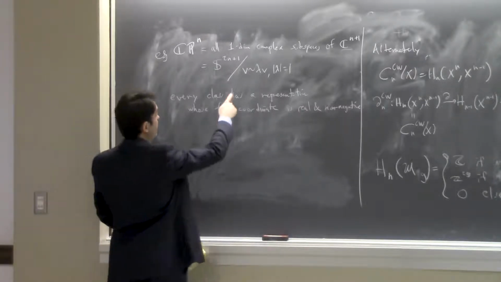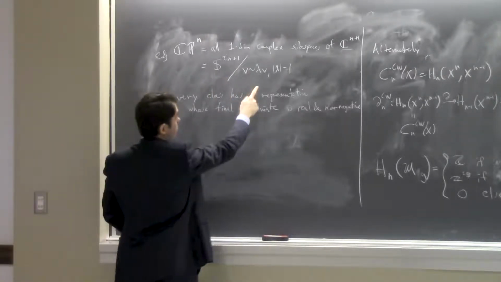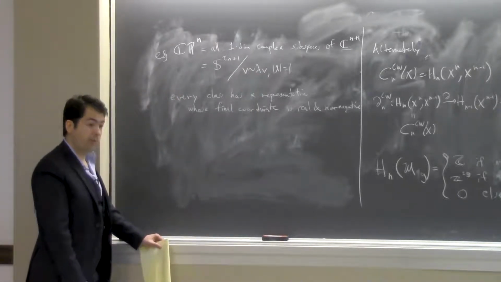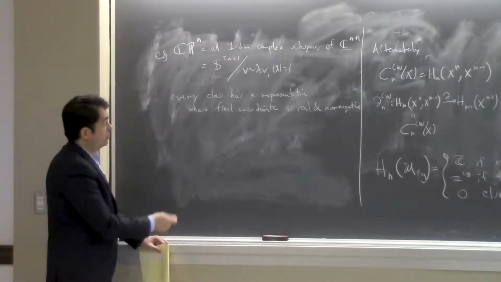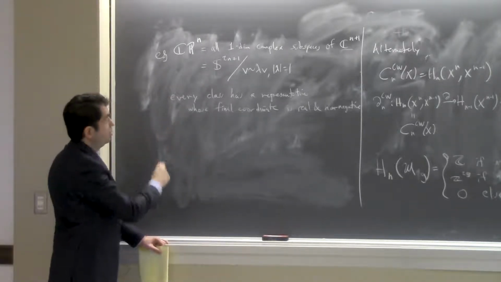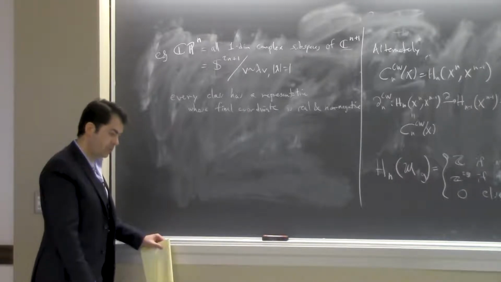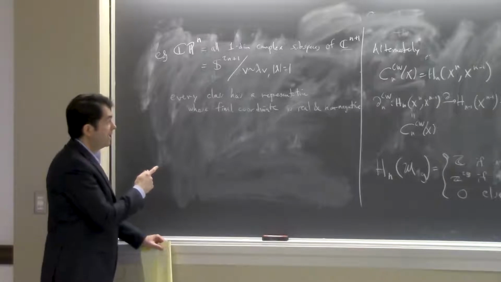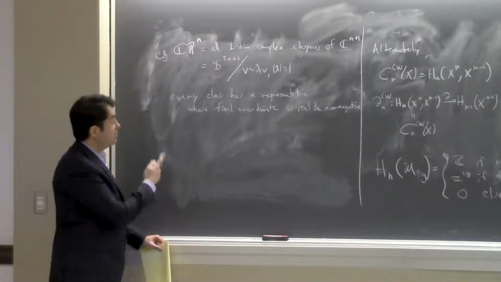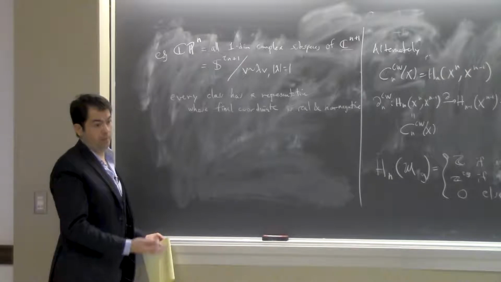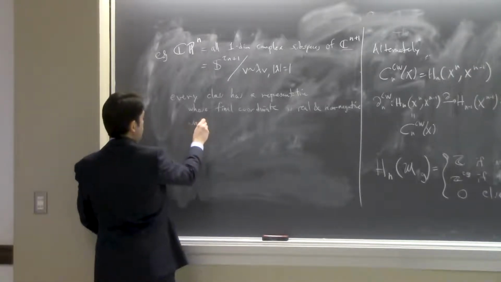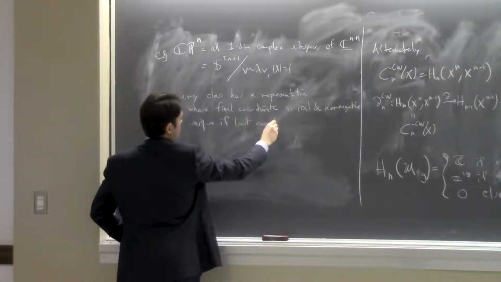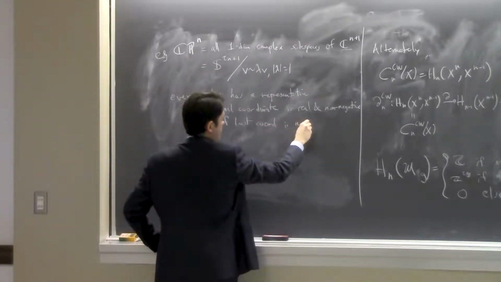If you give me any class here, it's an equivalence class of vectors where I'm free to multiply by any unit complex number without changing the class. And so I can always look at the last coordinate and multiply it by the appropriate number of unit length to get it non-negative. If it's positive, then I have a unique representative. But if it's 0, then I can multiply by whatever I like, and nothing happens. So this is unique when this coordinate is non-zero.